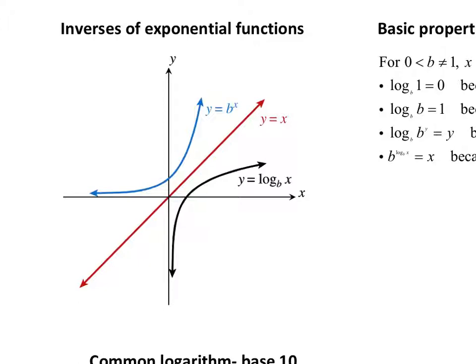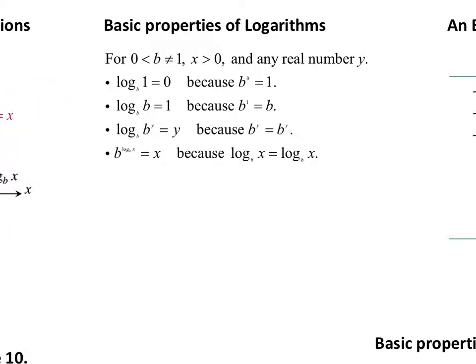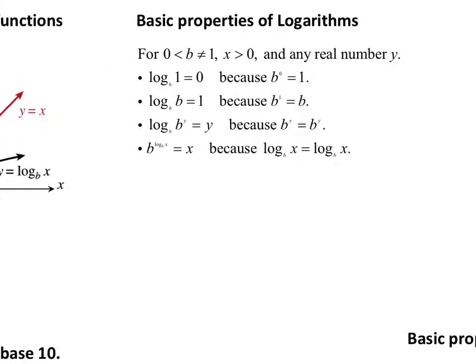Basic properties of logarithms. For 0 less than b and b not equal to 1, x greater than 0, and any real number y: log base b of 1 equals 0. So log base 2 of 1 is 0, log base 3 of 1 is 0, because if you convert it to exponential, you get the base to the 0 equals 1.